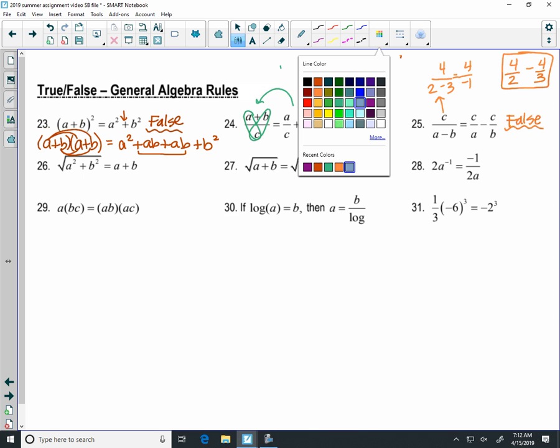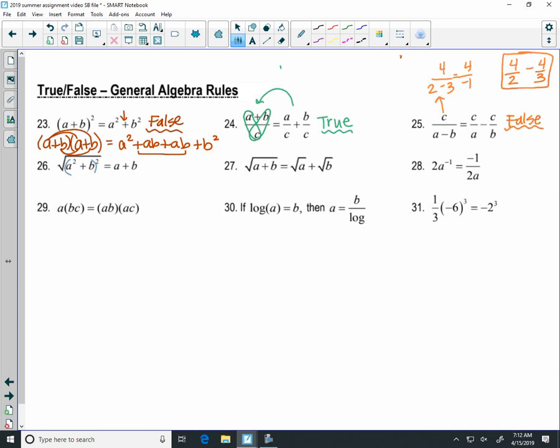Some more for you. The square root of A squared plus B squared is not the same as A plus B. Well, the rule here, if you had been squaring both like that, you could absolutely say that was true. But we can't take the square root if only the little singlets are squared there. We can't take the square root over that addition. Again, some numbers can be helpful.